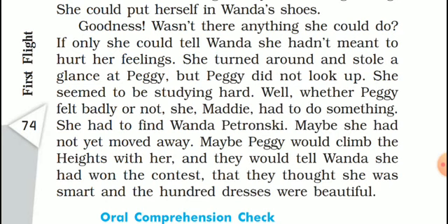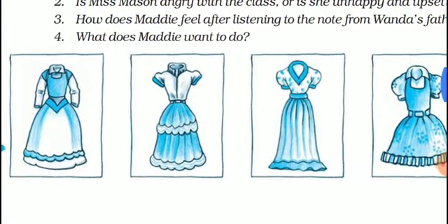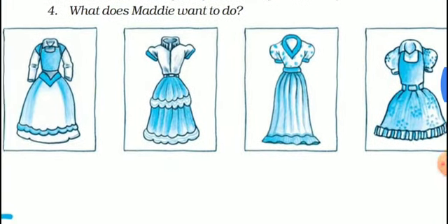So Peggy and Maddie, both of them, would go to her home and tell her sorry for whatever they had done. They would also announce that she had won the contest. They would say that she was smart, and that her 100 dresses were also very beautiful. You can see over here images are given of the dresses.